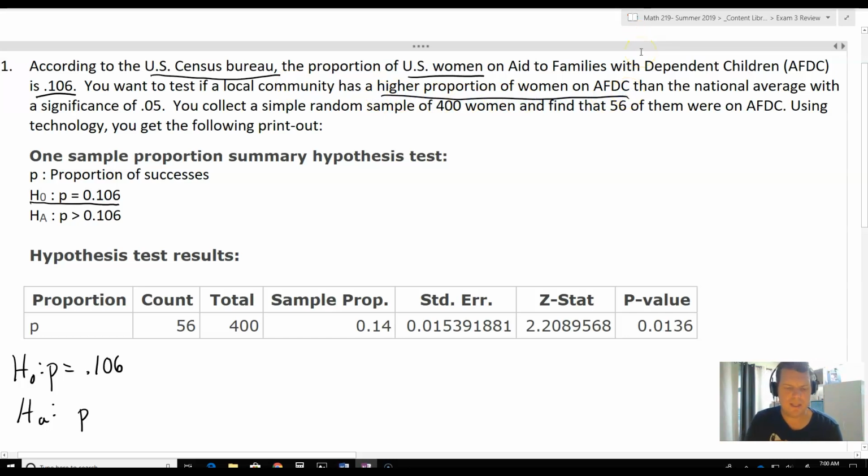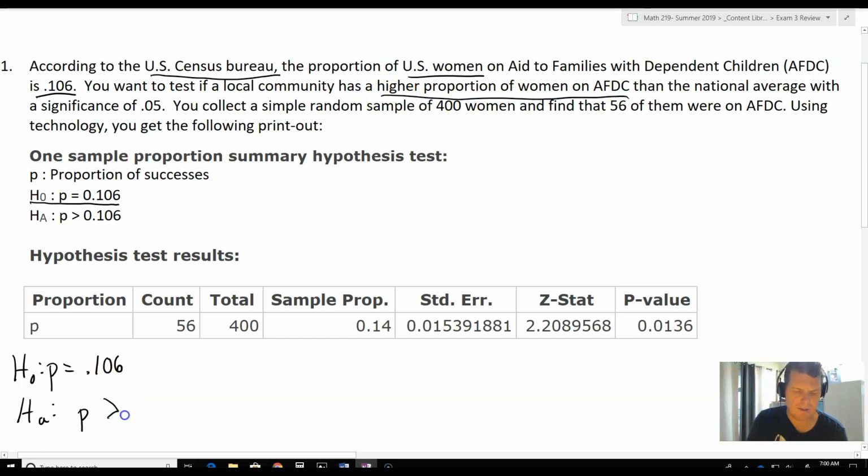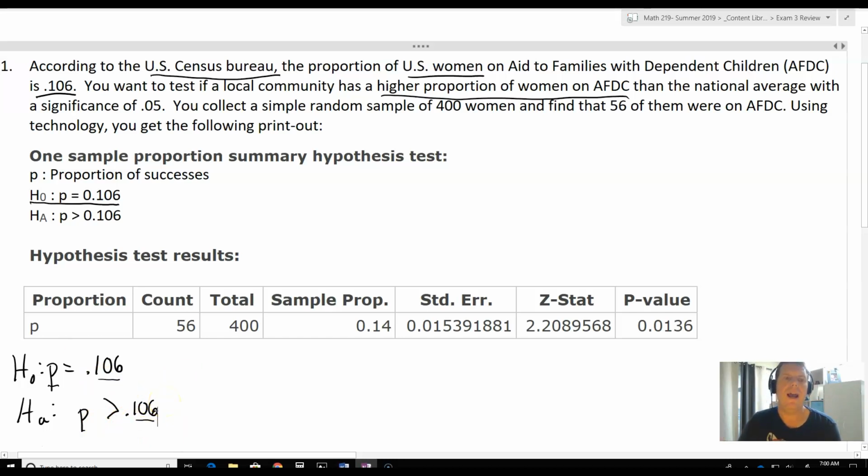So consequently, p is greater than 0.106. Notice it's p, so it's a one proportion test, p equal to a parameter or p greater than a parameter. That's how we know which test we're going to be running, and hence why we ended up with this one sample proportion test that we ran.